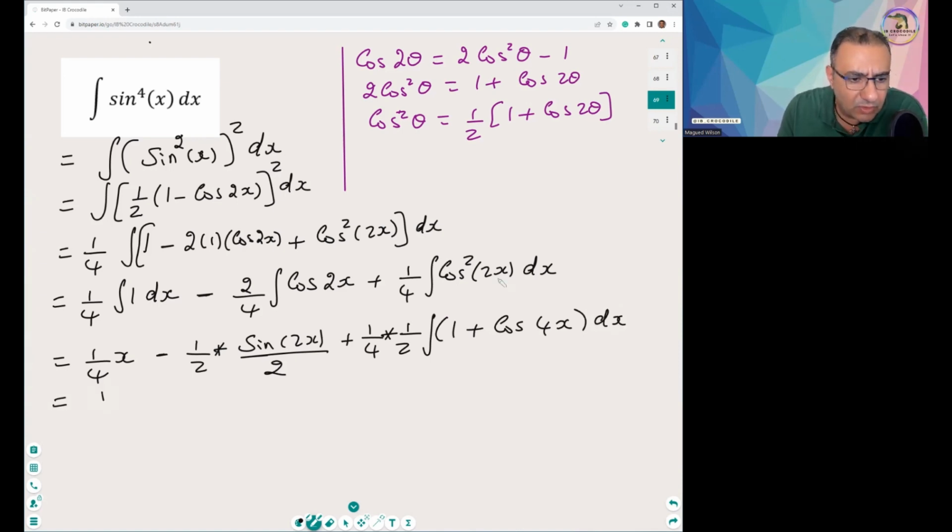So now we have 1/4 x minus 1/4 sine 2x, plus 1/8, and the integration of 1 is going to be x.